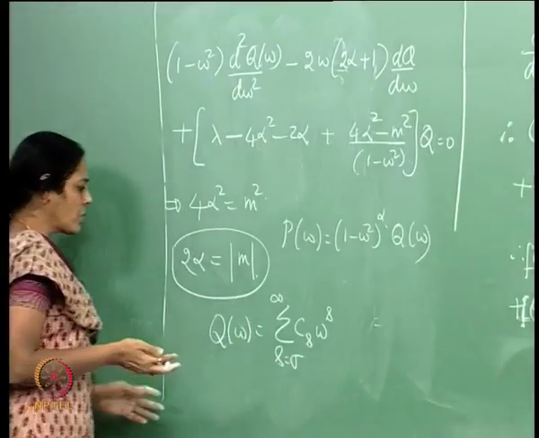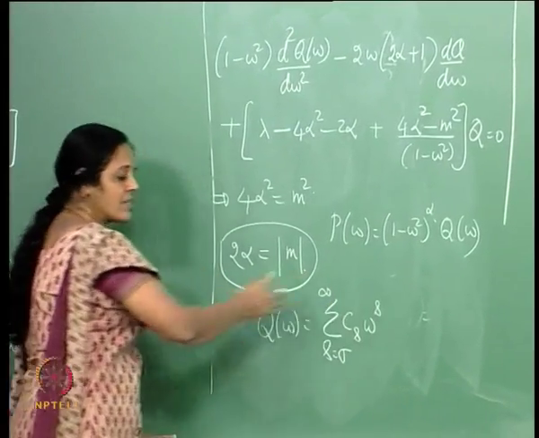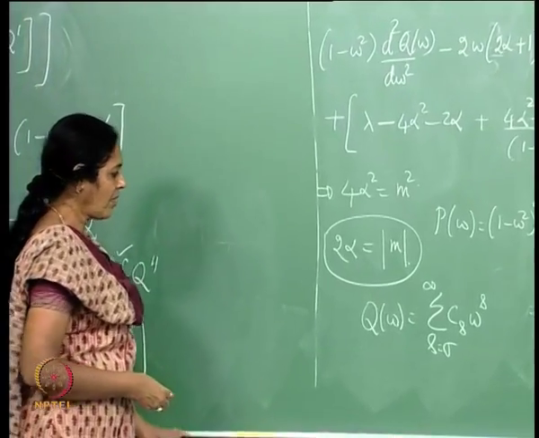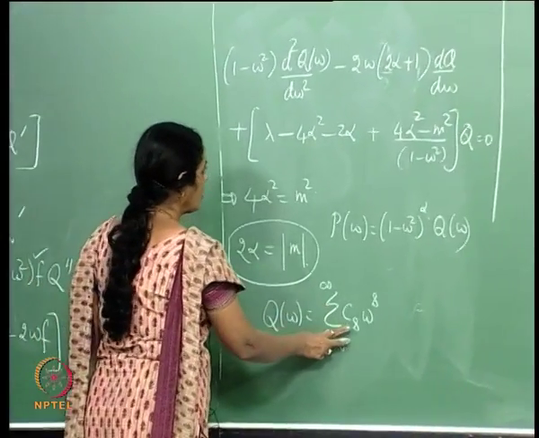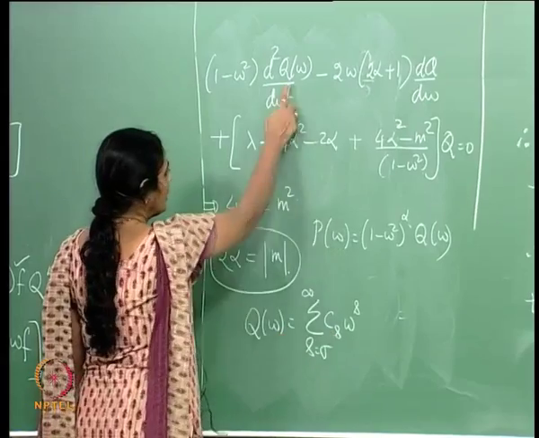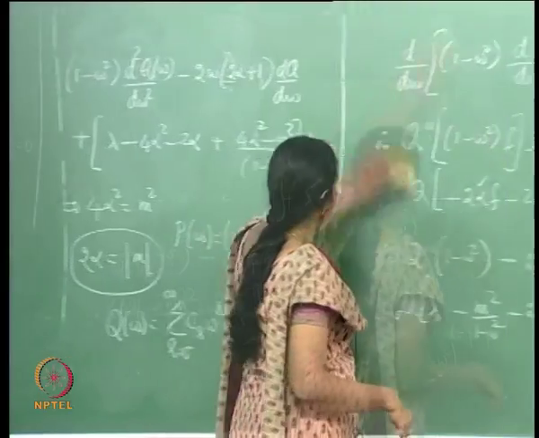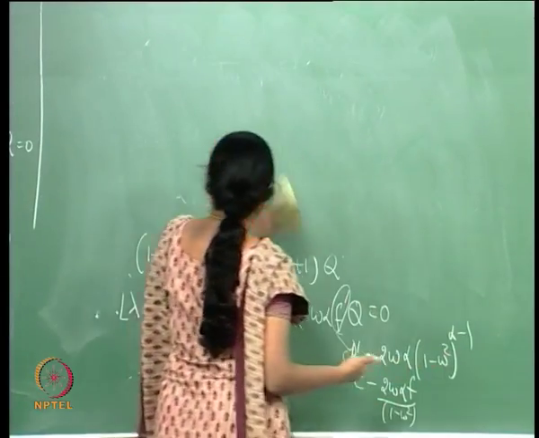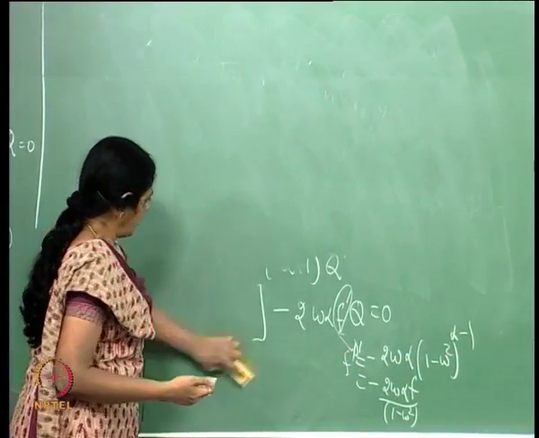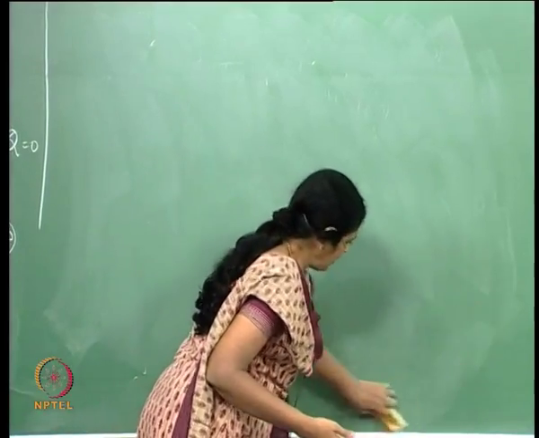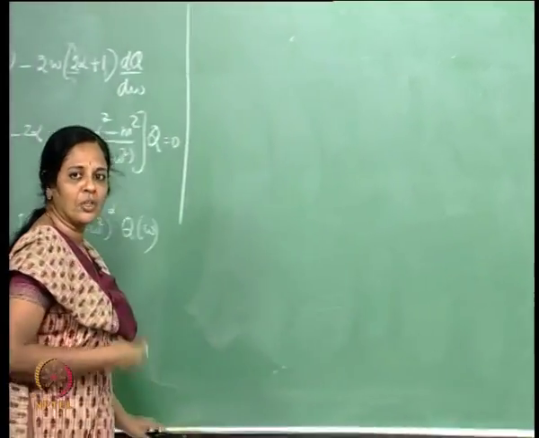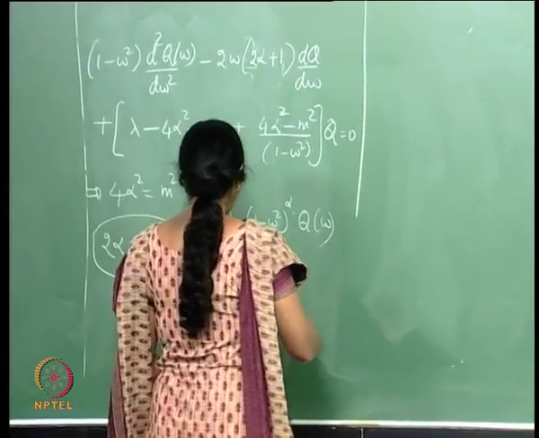To begin with, of course, I would imagine that this is an infinite sequence. I'll substitute for Q of w in this differential equation and see what it gives me. Same way that we did for the oscillator problem, except that we are doing it now for an angular wave function, but the procedure is the same.